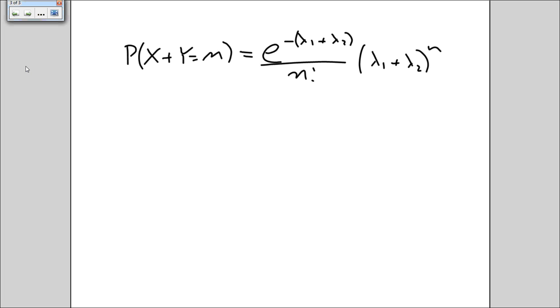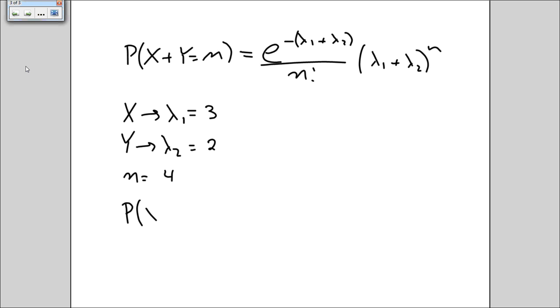If you were told that x and y are independent Poisson distributions, with x having a parameter 3 and y a parameter of 2, and n equals 4, they want to know what is the probability that x plus y is equal to 4?